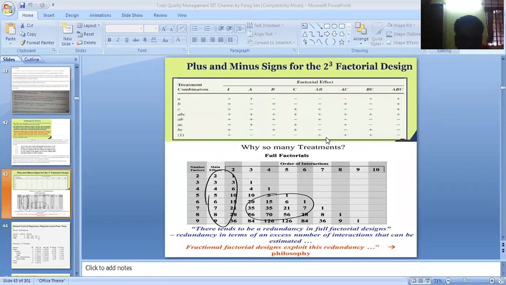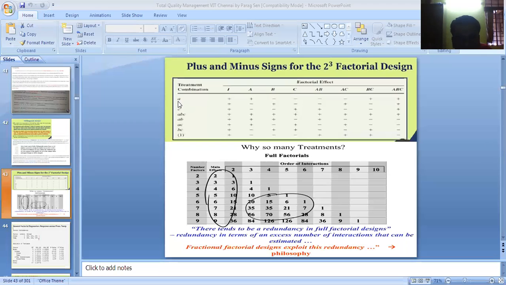Because when you are doing the experiments, you cannot control the interaction effects. Directly, you cannot set the interaction effects. You can only set the values for the main factors A, B, and C. So when you are setting the values for the main factors, each and every time you are basically changing one particular setting.